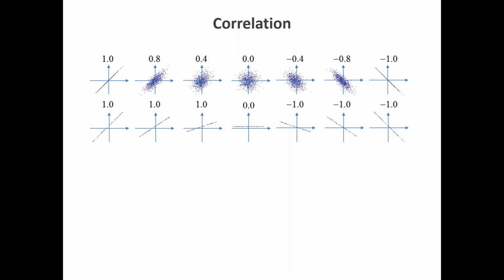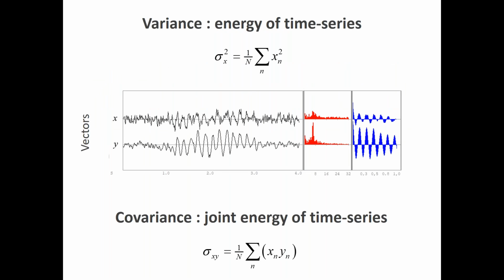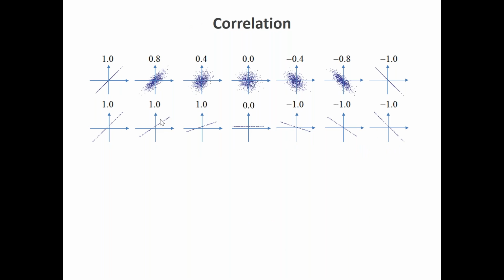Now, let's recap a little bit what correlation is. When you have two time series, like in this example, you have two series of numbers. If you now plot those numbers on a Cartesian plane, one series on the x-axis and one series on the y-axis, if you plot those two samples, then you can have these kinds of situations.